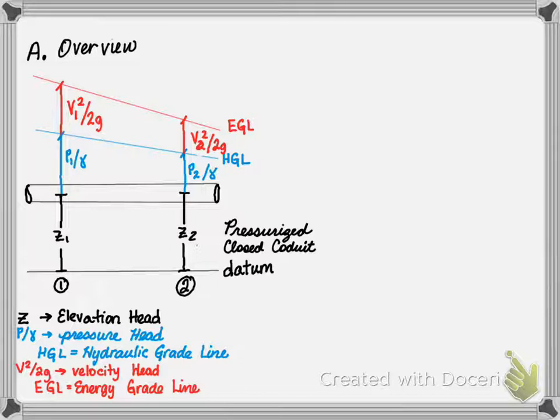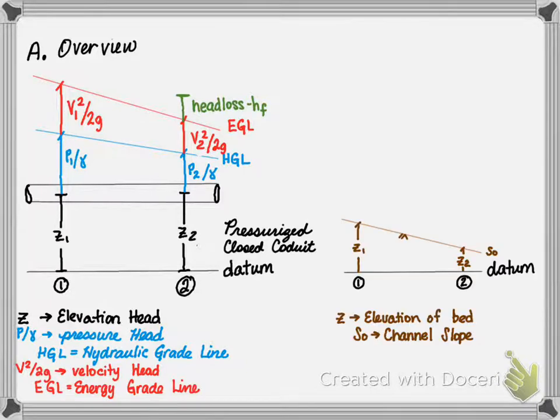The slope of the velocity head is referred to as the energy grade line, or EGL. If you're interested in figuring out the energy at any given point, you will sum the elevation head, the pressure head, and the velocity head. The difference between the energy at point 1 and point 2 is the head loss within the system.